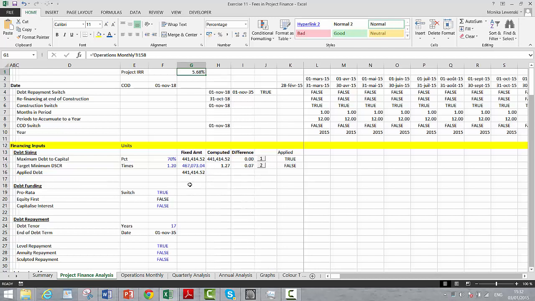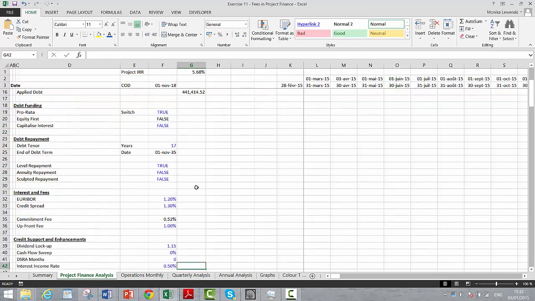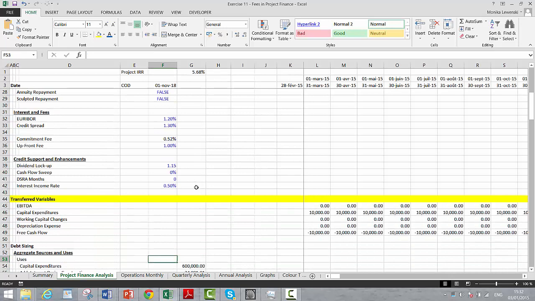It has the goal seek technique, which is not very good, but we're going to add the fees for a commitment fee. And remember, a commitment fee is the fee you pay on the amount of money you do not borrow during the construction phase, and the upfront fee, which is the fee you pay at the financial close.